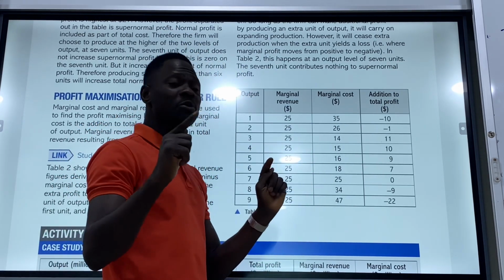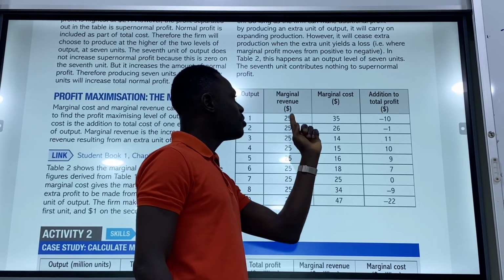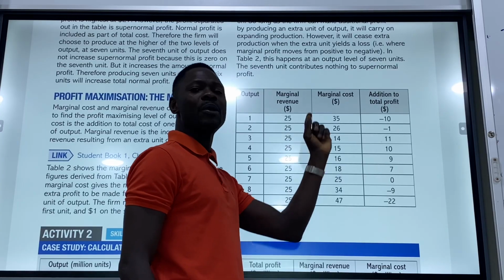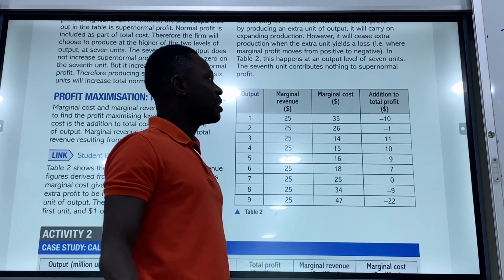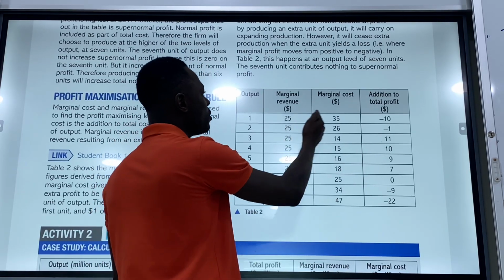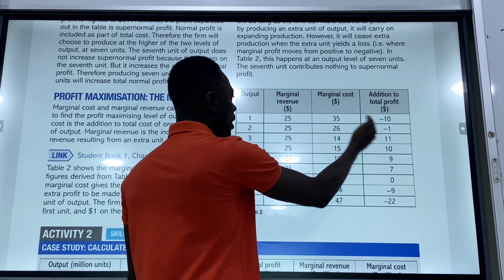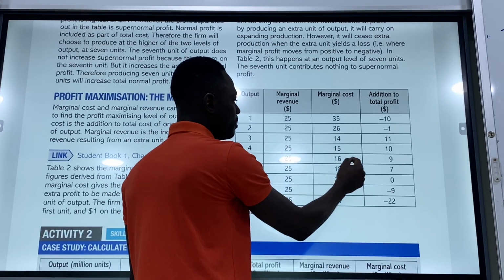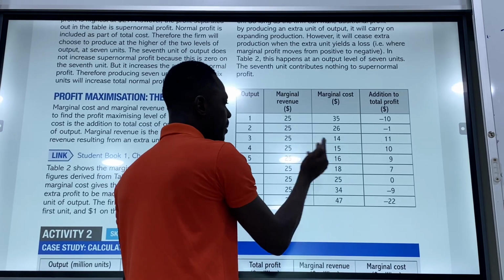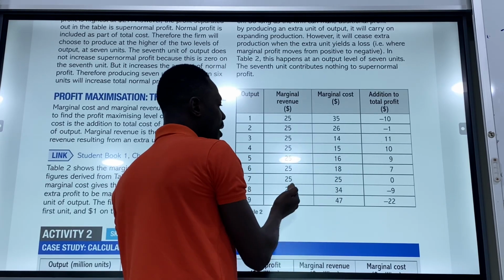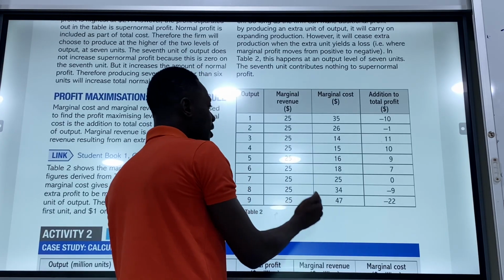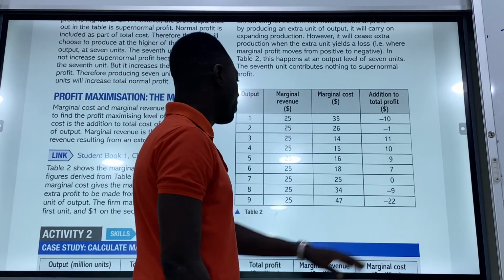So MR minus MC gives us our additional profit. This is how we got our additional profit.